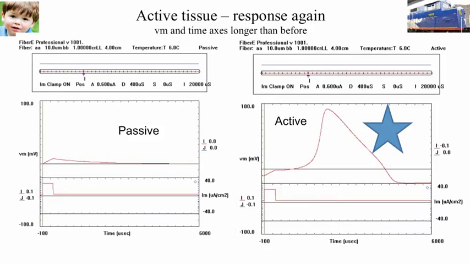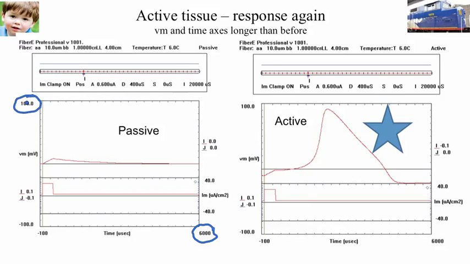If we now look at the same graph, but on a different time scale, so now it extends out to 6,000 microseconds, or in other words, to 6 milliseconds. And it extends up to a Vm of 100, meaning 100 millivolts off the baseline.